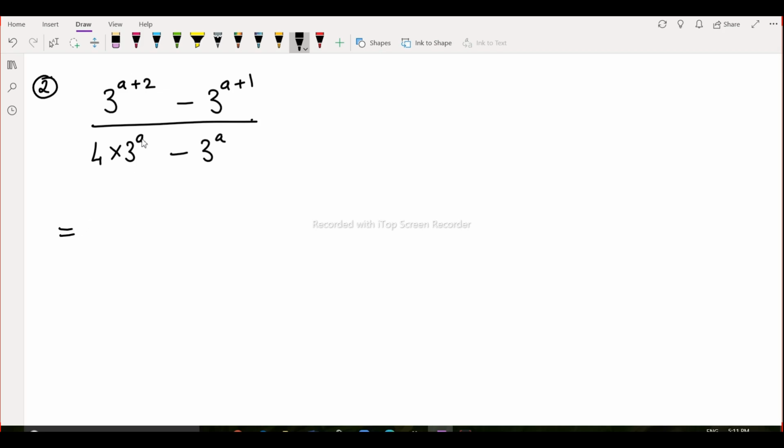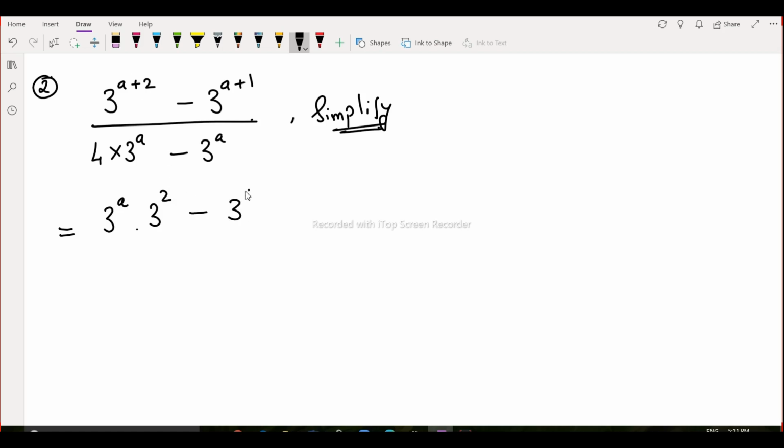So in this question, they've just asked to simplify. So what we'll do is we'll try and take out something common and get it cancelled. So I can see 3 raised to a, so I can write this as 3 raised to a dot 3 square, according to the product law.